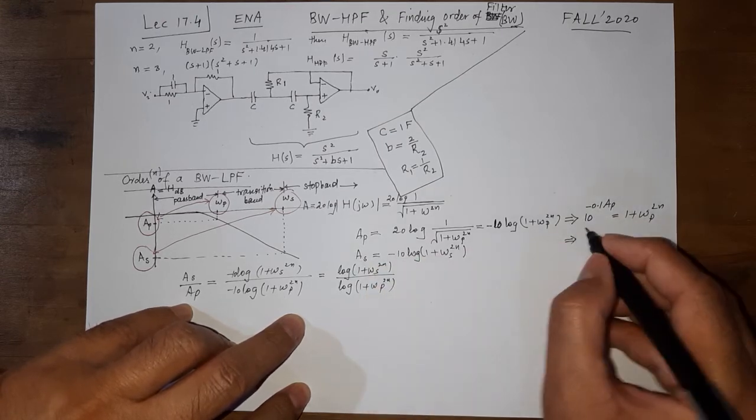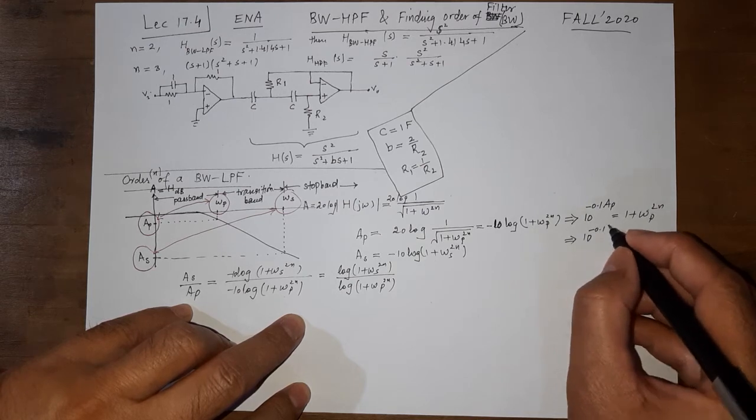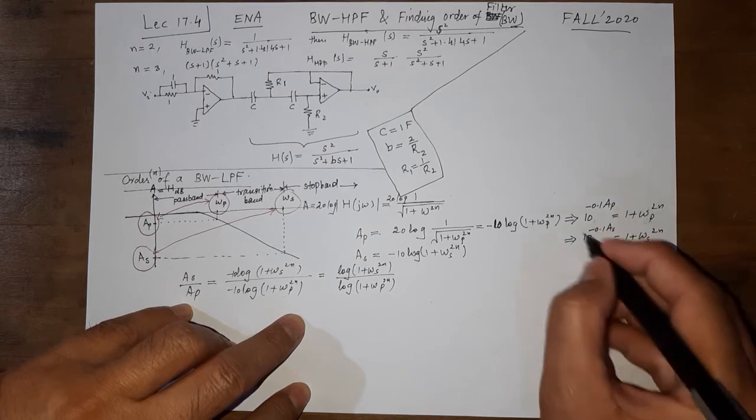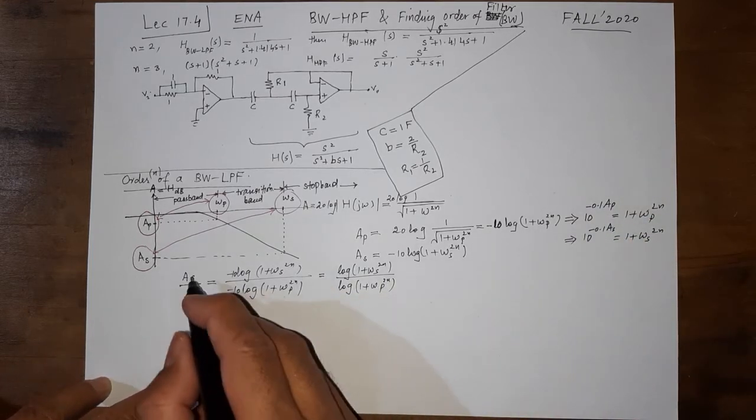And similarly for this AS, 10 raised to the power minus 0.1 AS is equal to 1 plus omega s power 2n, and now we don't have a log in here, and it's easier to do it this way.